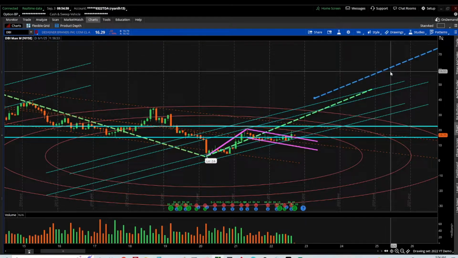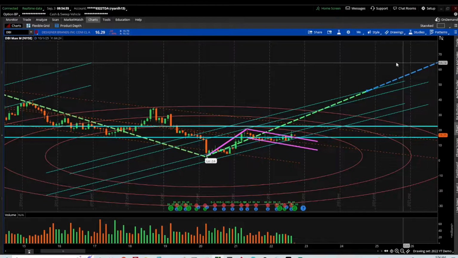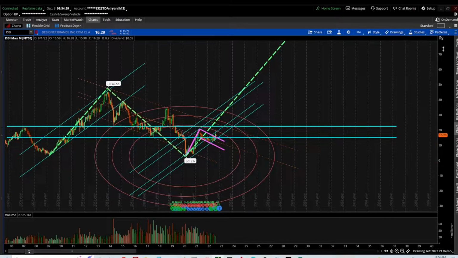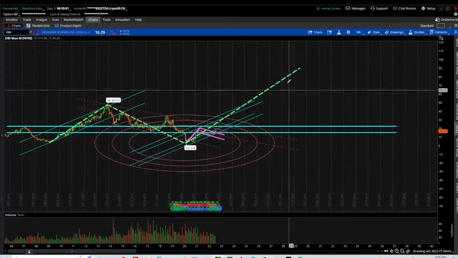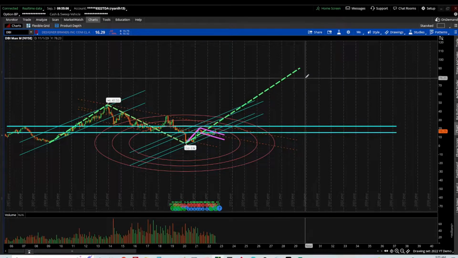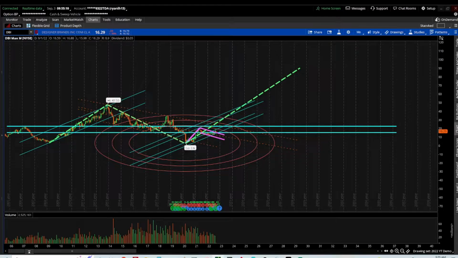Duplicate. Okay. So it's about twice the size. So basically, if this was an Elliott wave and it was going to go to the third wave, this has a price target of around 80 to 90 bucks, which is pretty good.